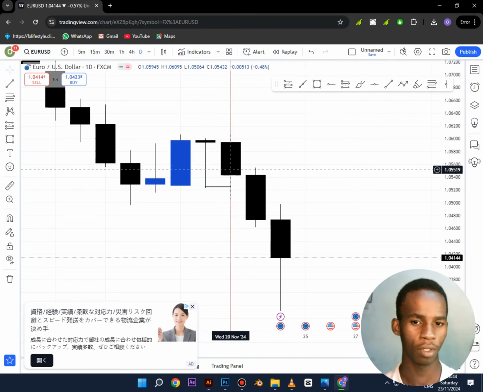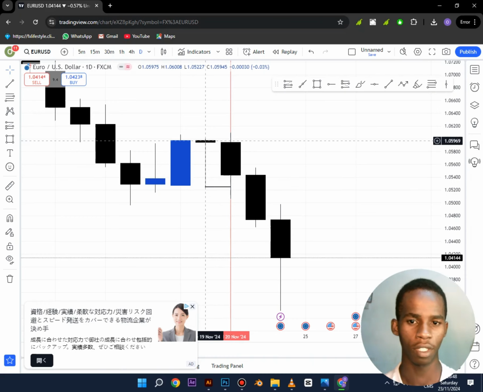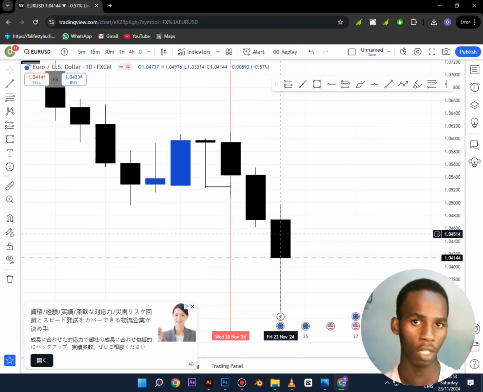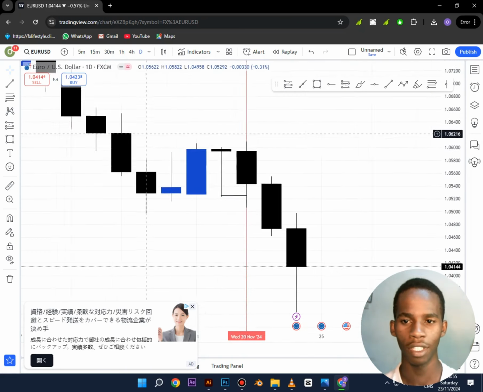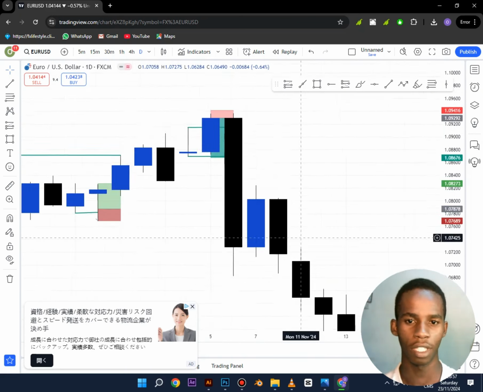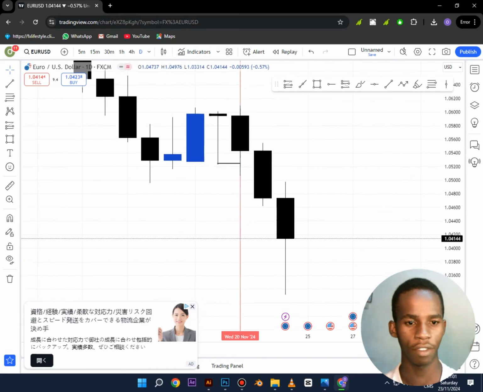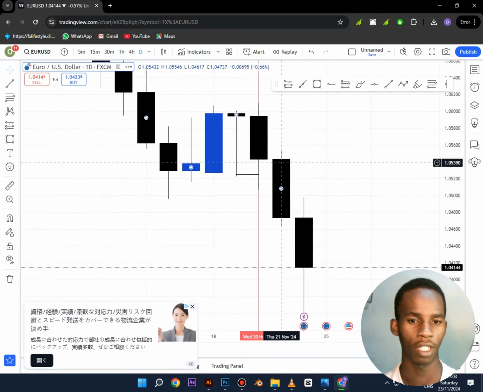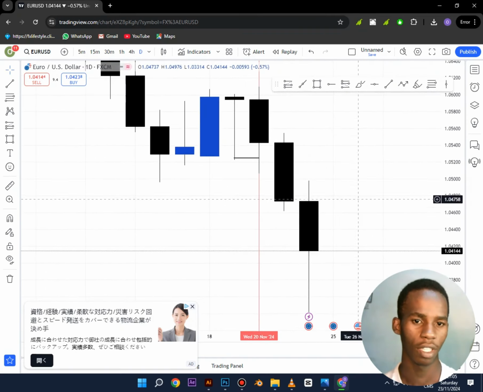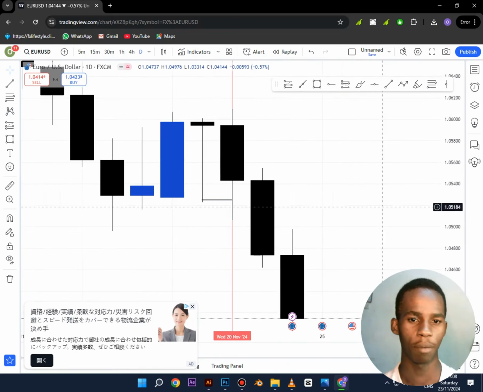If this candle sweeps the lower wick of this, that means the price is likely to go down. You can see this happens most of the time, literally every single day. Most of the candles have wicks, so that means you would have a setup.